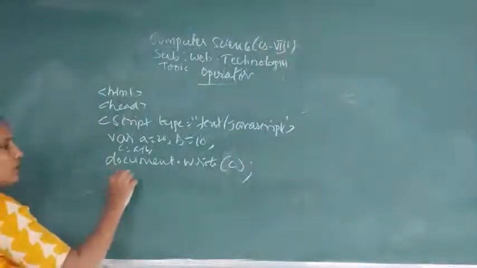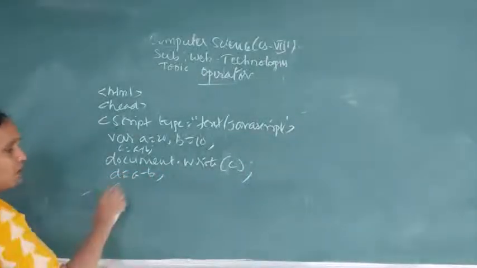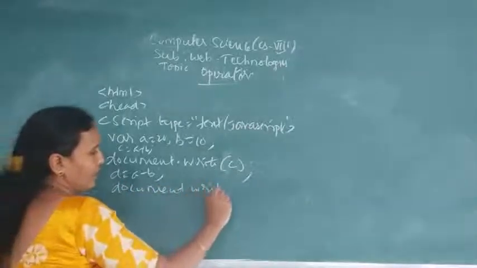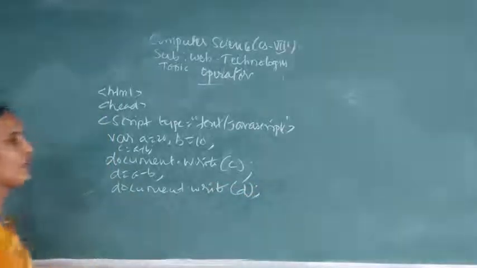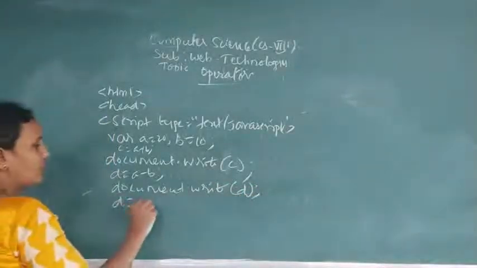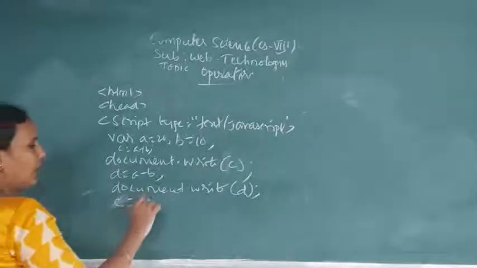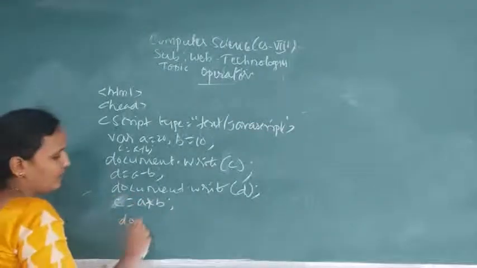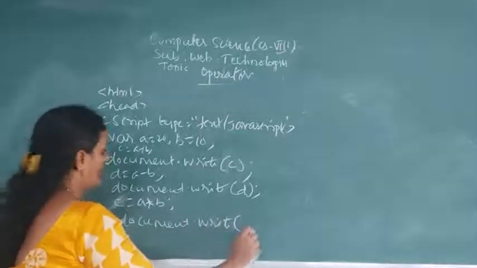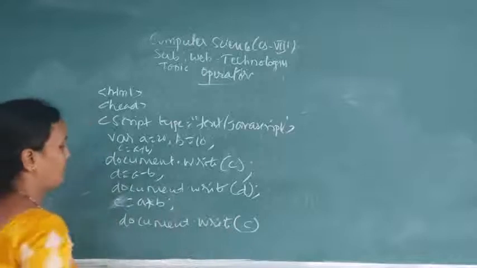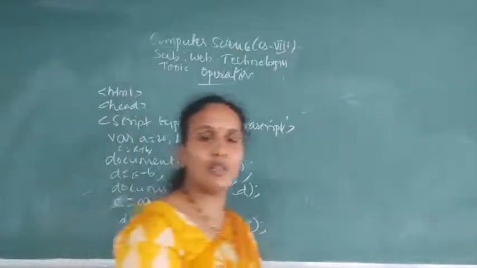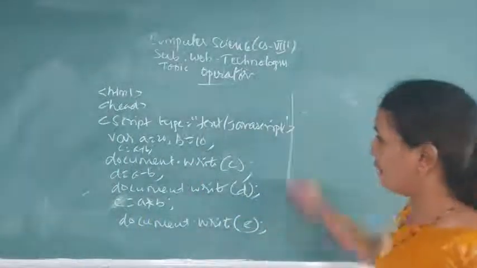Next, D equals A minus B. Document.write D. Subtraction, where we are storing? In D. Next, E equals A into B. Document.write E. Like this you perform all the arithmetic operations.